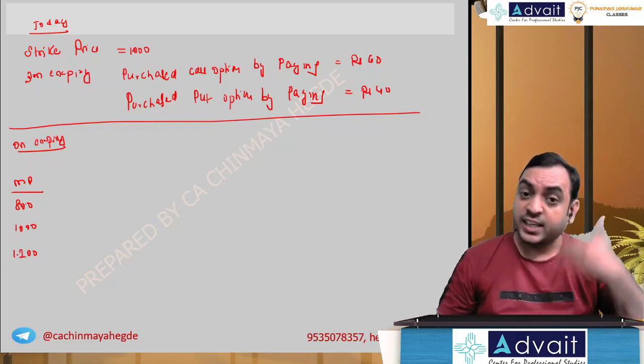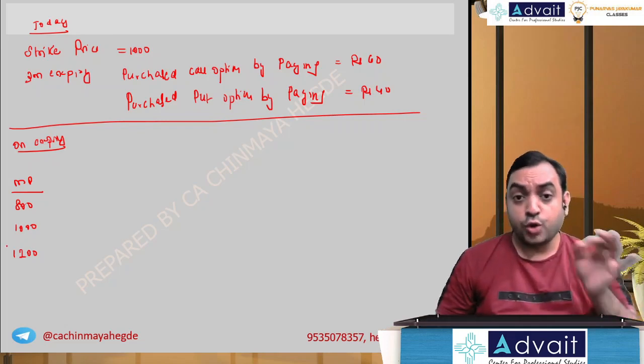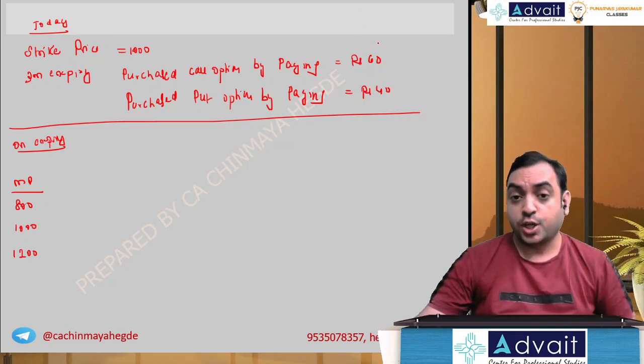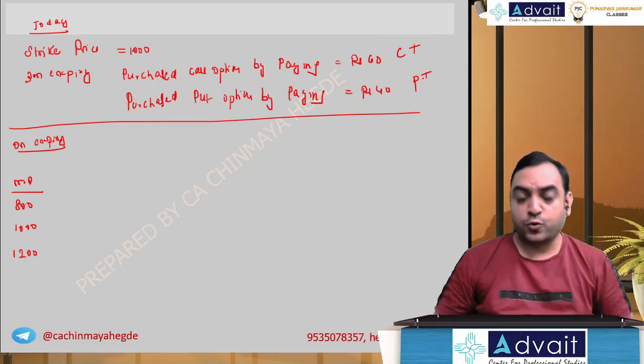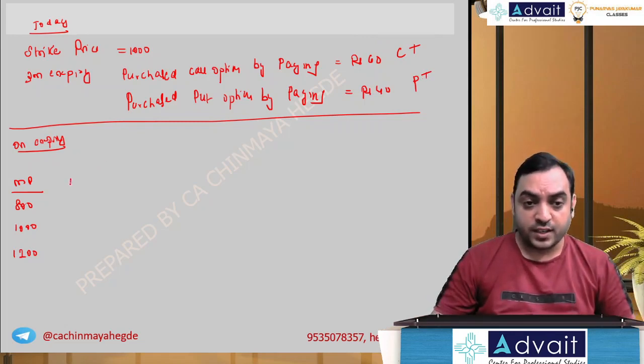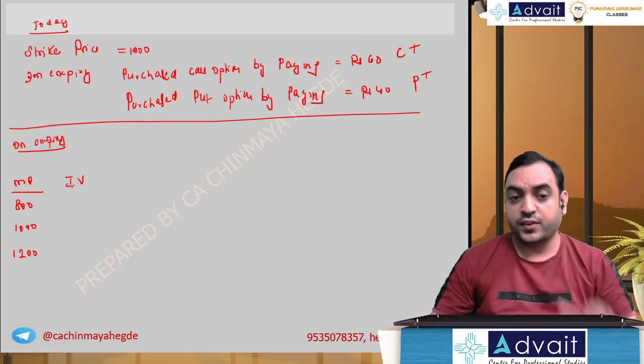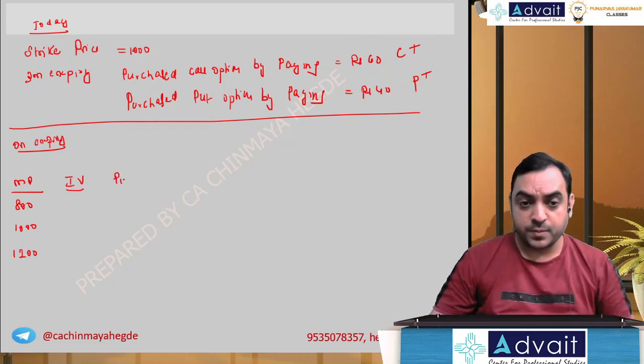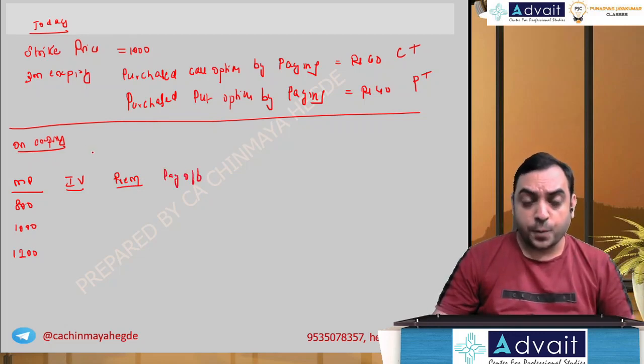Okay, well, let me do one thing. I'll give a format. You have a call option as well as a put option. You become a call option holder, C plus. You become a put option holder, P plus. So, two columns I have to prepare. You have intrinsic value, I'll use short form, hope you understand, then minus premium. You will get payoff. This is for the call option holder.